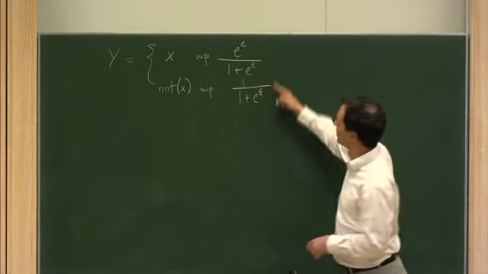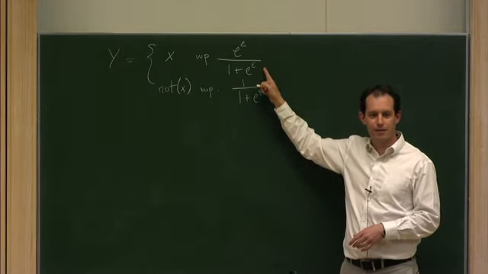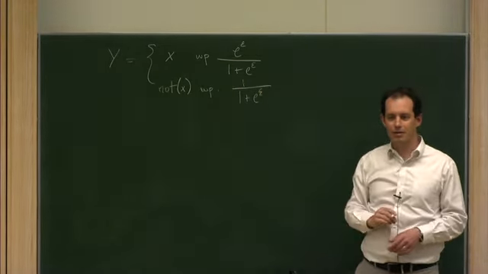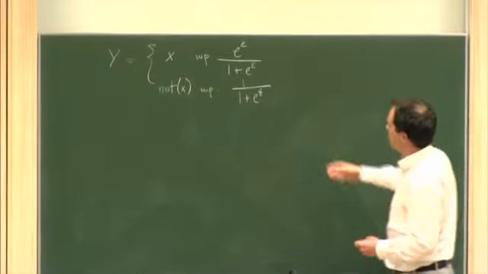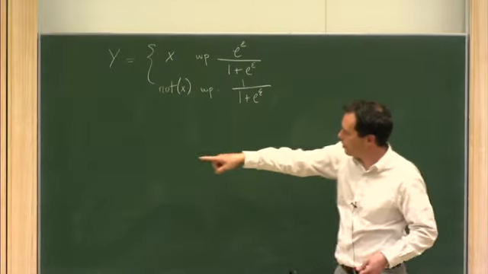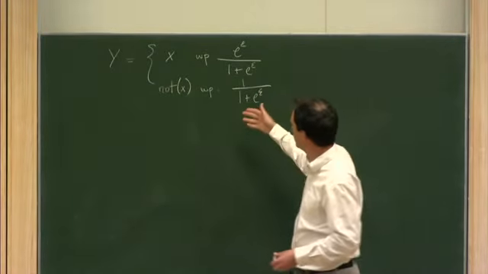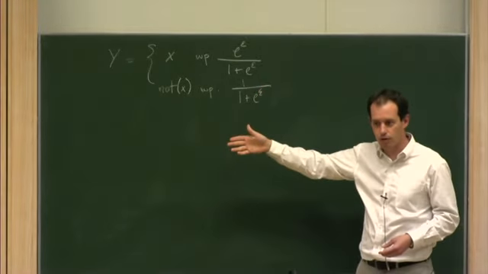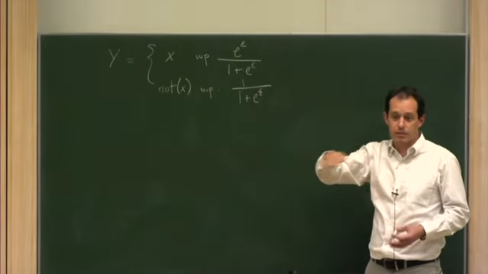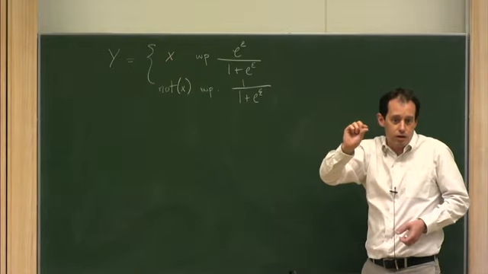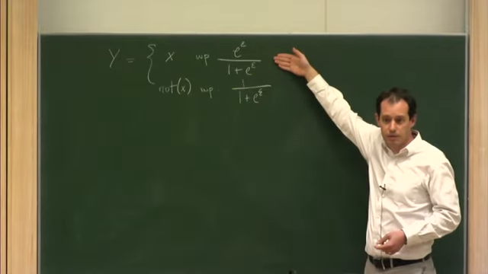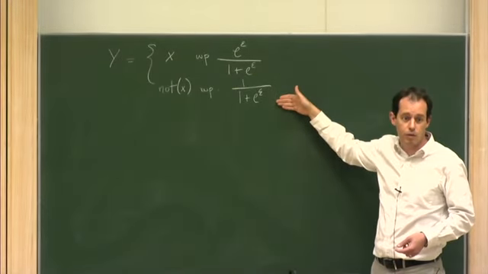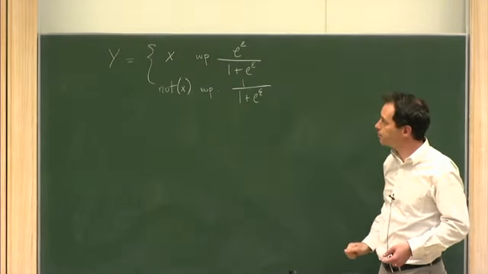You can check that these two numbers do indeed add to 1, and their ratio is indeed bounded by e to the epsilon. If you plug in epsilon equals log of 3, you get 3/4, 1/4. But in general, as epsilon goes to 0, you get numbers that are closer and closer to a half. For small epsilon, this will be about 1 plus epsilon over 2, and this will be about 1 minus epsilon over 2.